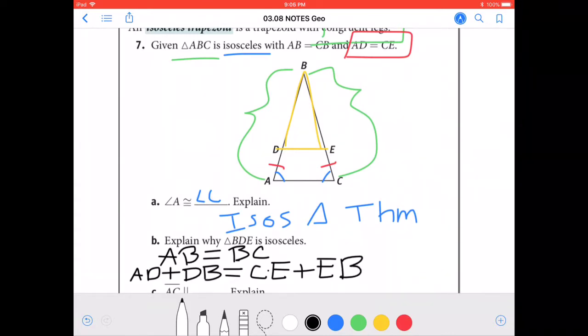Alright, so we can then use that second piece of information, what's in the red box at the top, that AD is equal to CE, and we can just do this in a quick way. We can cancel out that information. Since they're equal to each other, that means that DB and EB must also be equal to each other, since we can subtract those two pieces out. So we get that DB is equal to EB, which means that this is equal to this, which means that this triangle is isosceles.